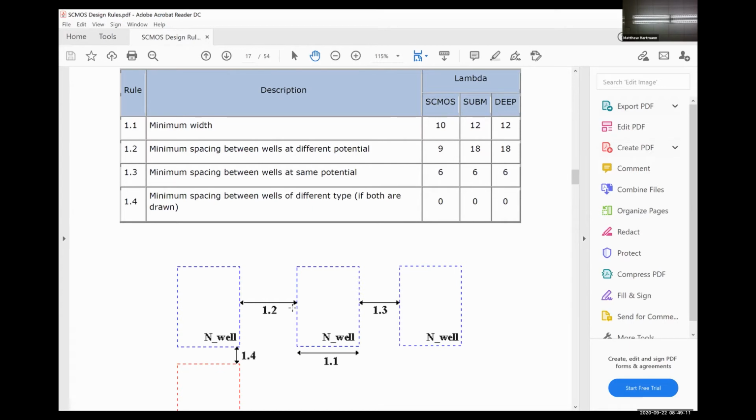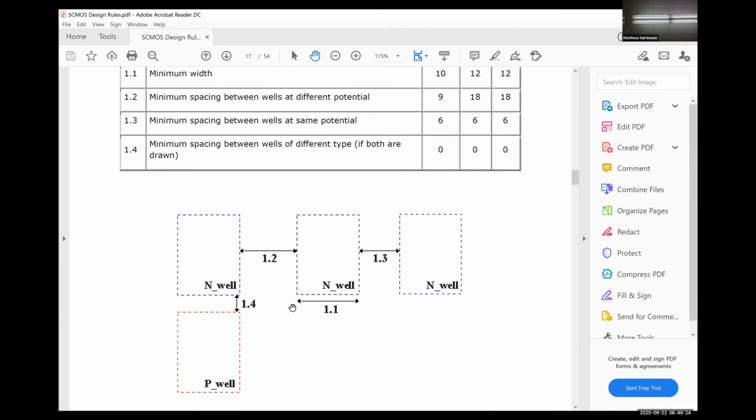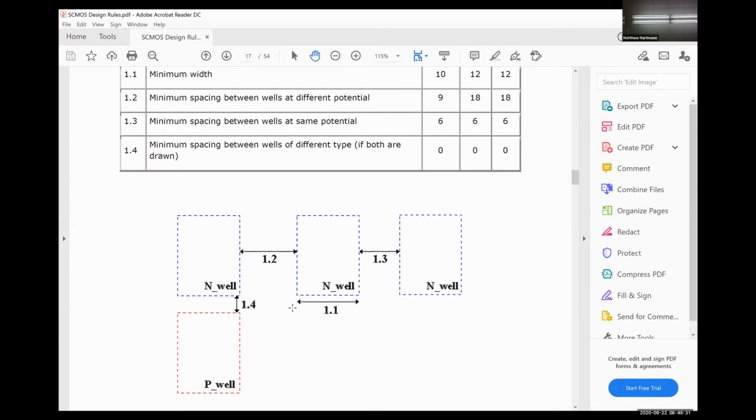1.3 says the minimum spacing between wells at the same potential is only 6, so significantly smaller. We'll talk about why that is shortly. And then the minimum spacing between wells of different types, so an N well versus a P well, they can actually be extraordinarily close to each other. It says 0 lambda, so you can effectively bump them up next to each other.